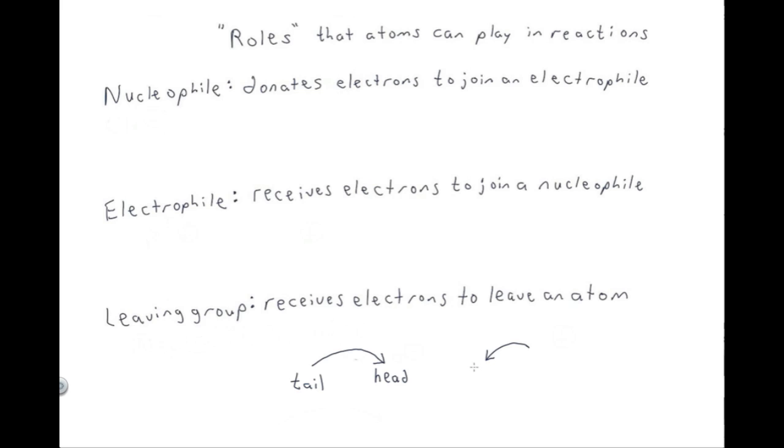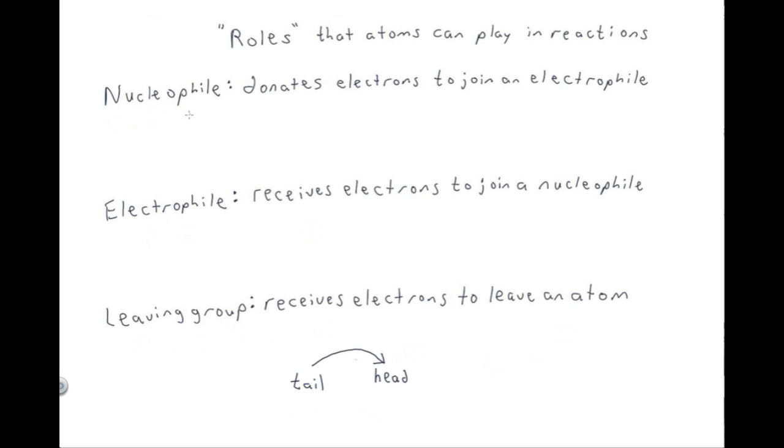Which part is this? The head. Which part is this? The tail. So when you've identified a nucleophile, should you put the nucleophile at the head or the tail of an electron-pushing arrow? I hope you actually came up with an answer to that.